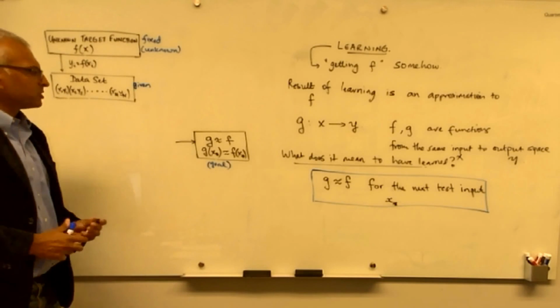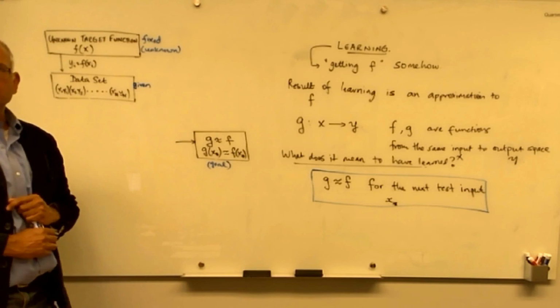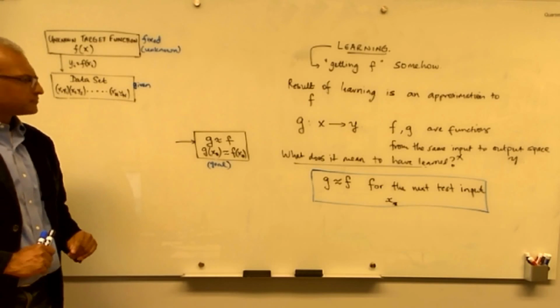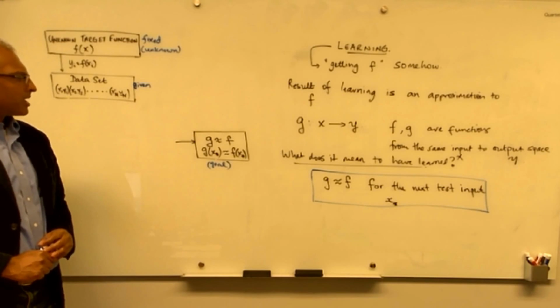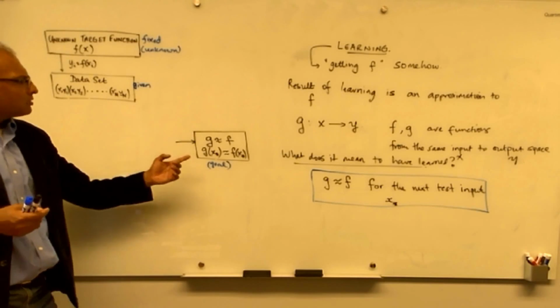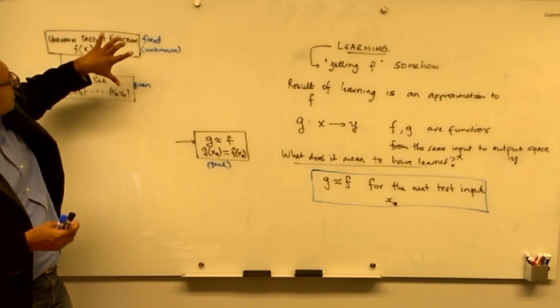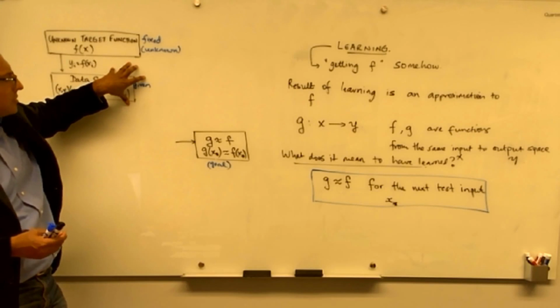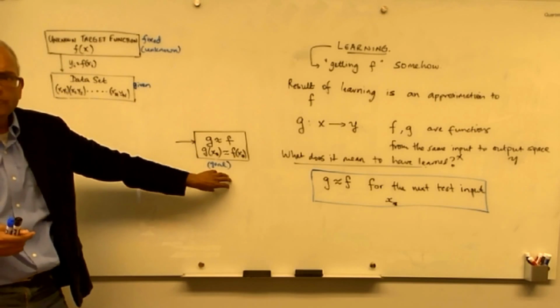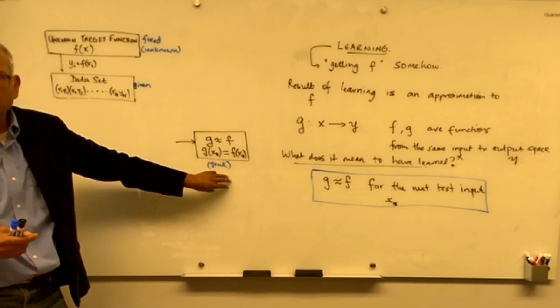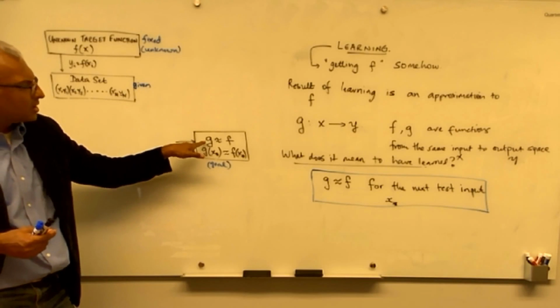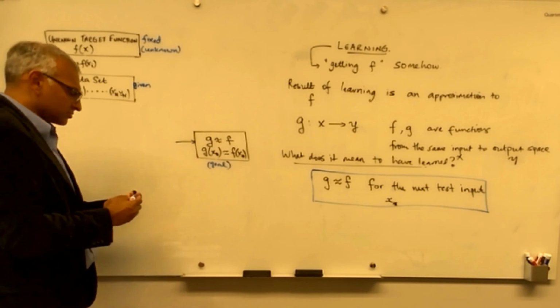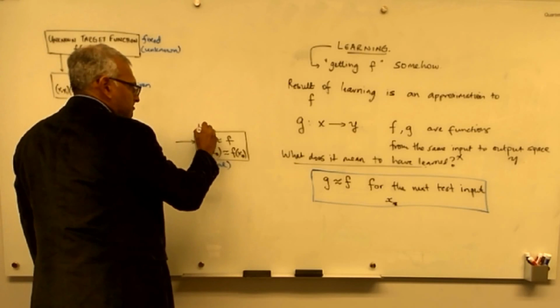You want to output an approximation to the unknown target function. And so the question is, how do we go from what's given, which we can't change, to the goal, in some way ensuring that we achieve learning. So this is what learning outputs.